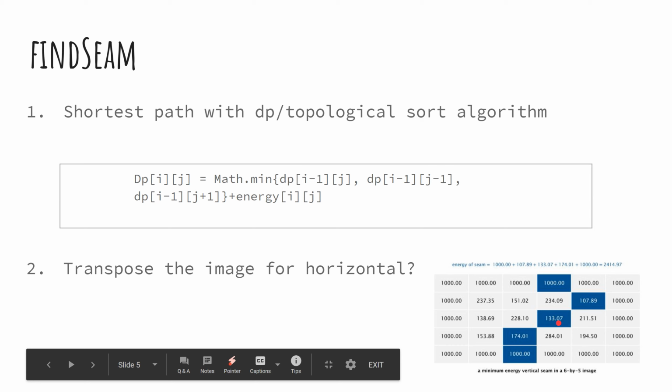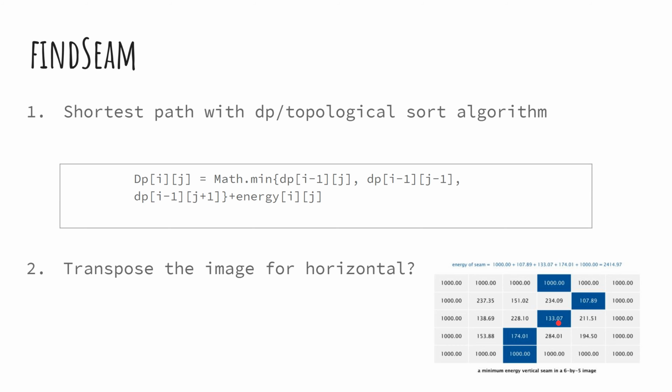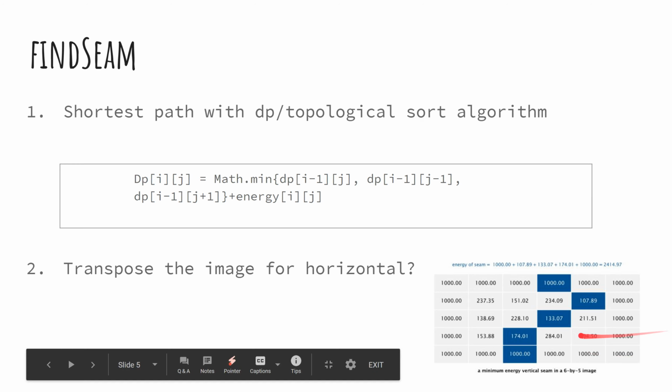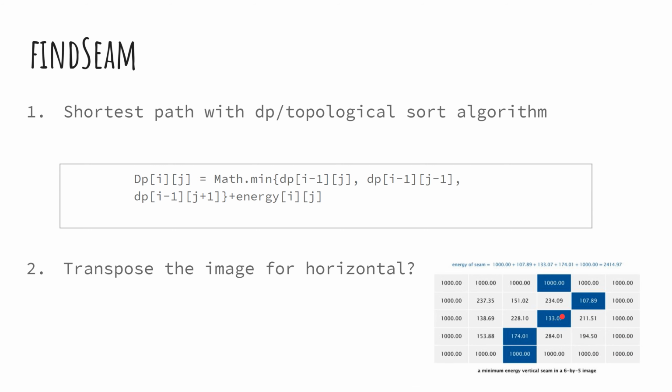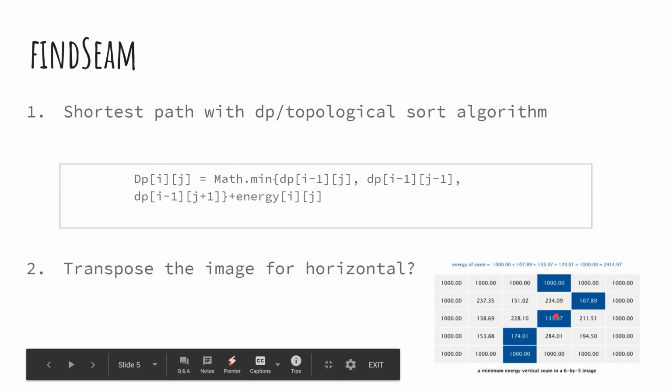By using DP, we first need to define the meaning of DP[i][j]. It is just the shortest path from the source to this pixel, or the energy. Over here, there are three ways to reach it from the upper row.